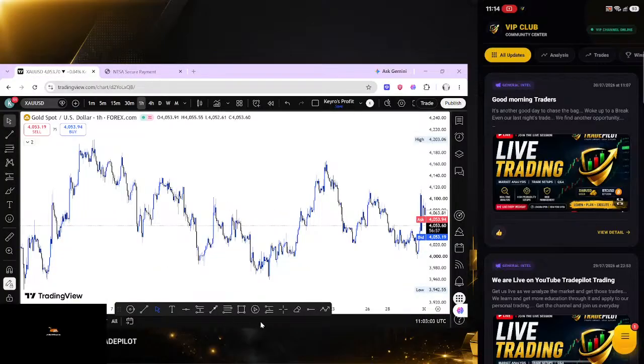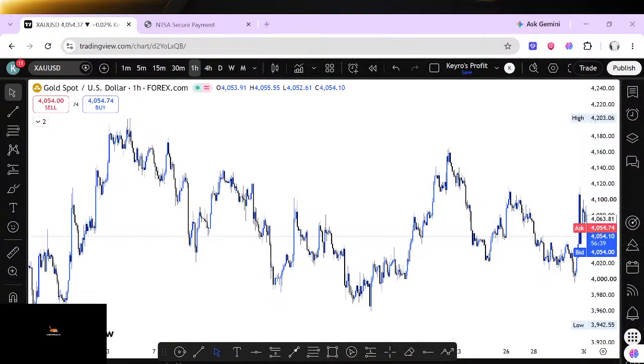Let me just first enlarge our screen. Remember, the screen that was attached there was for our TradePilot community in the Play Store. Nice. So we have a larger interface at least for our community.